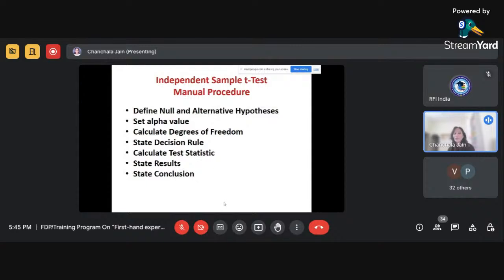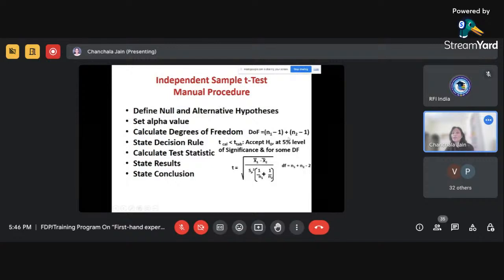We need to calculate the degrees of freedom. We need to state the decision rule. Then we need to calculate the t statistic, and then we need to state the results and the conclusion. You can see, in case of independent sample t-test, the formula of degrees of freedom is n1 minus 1 plus n2 minus 1, or I can say n1 plus n2 minus 2.